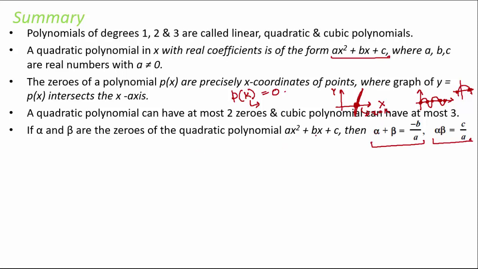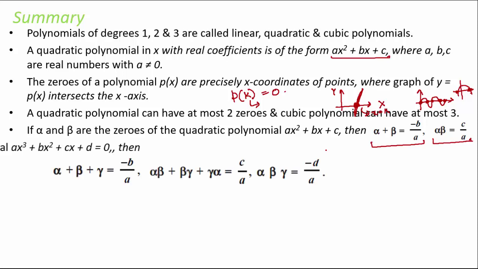Zeros means if instead of x you put the value alpha, the entire polynomial becomes 0. So alpha and beta are zeros of the polynomial, and a, b, c are coefficients of the polynomial. Right? So this is the relationship between zeros and coefficients of a polynomial.